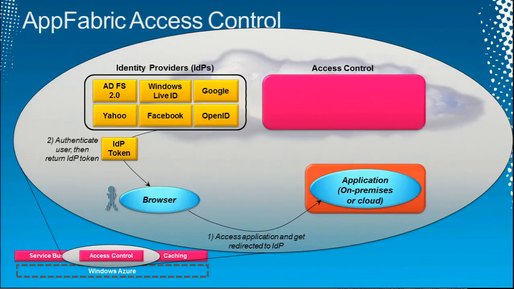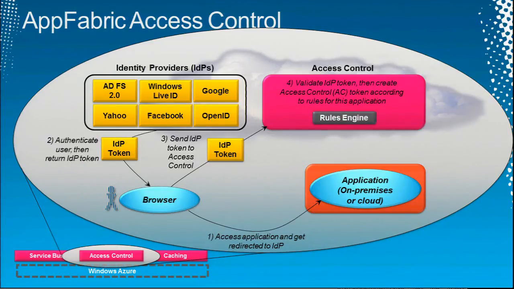In this process, if access control is involved, once the browser gets the IDP token, it passes it off to access control. Access control validates that this is in fact a legitimate token from that IDP. It then creates a new token, let's call it an AC token, according to rules defined for the application we're talking to.